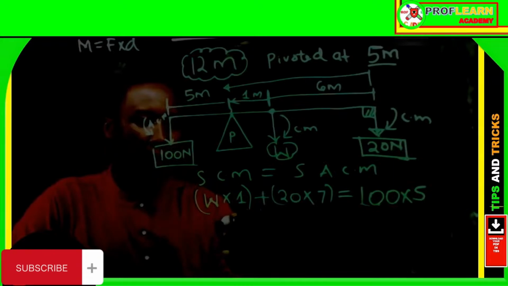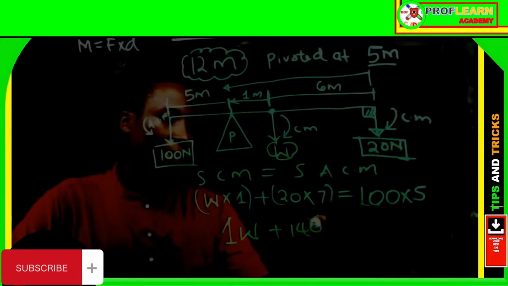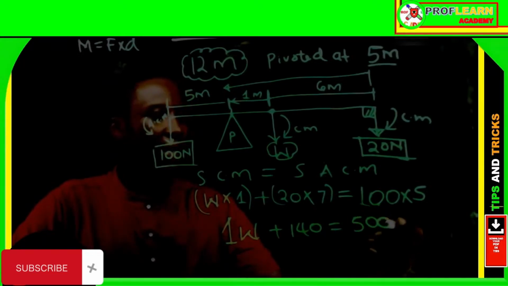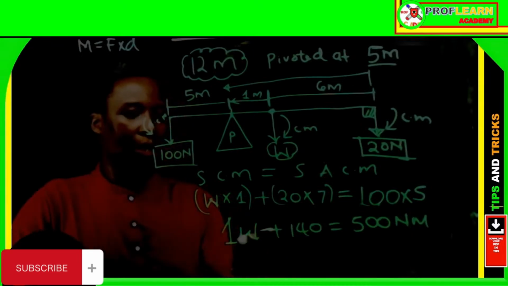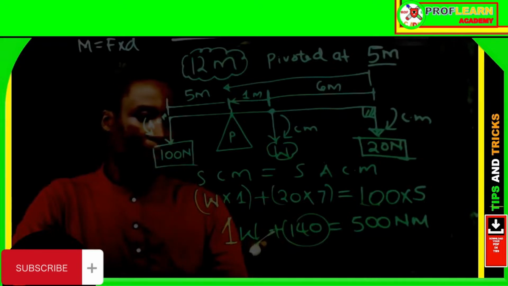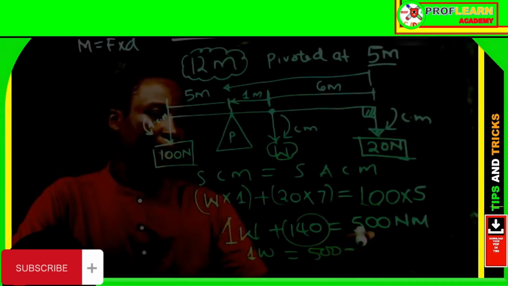Now, if we work out this, we're going to have 1W plus 140 equal to 500 Newton meter. Now, let us check this on the other side. This is also Newton meter, so meaning that it will be 1W equals 500 minus 140.